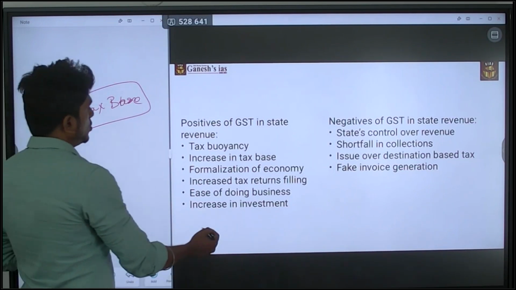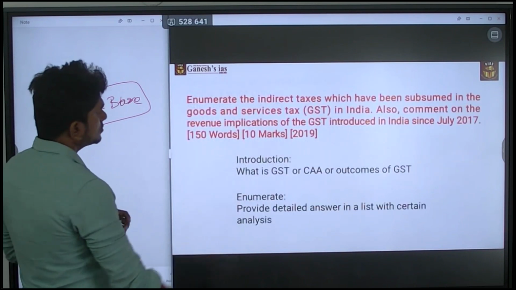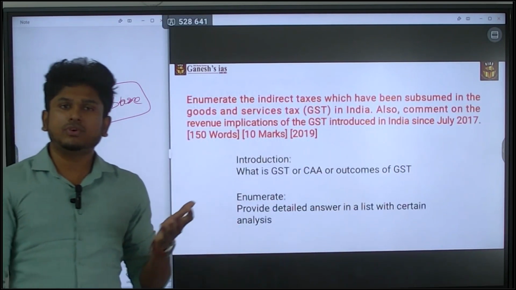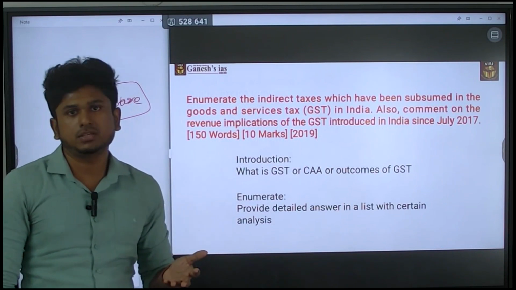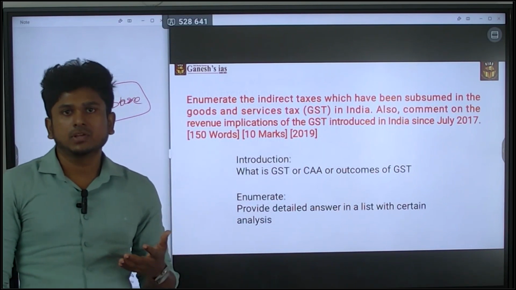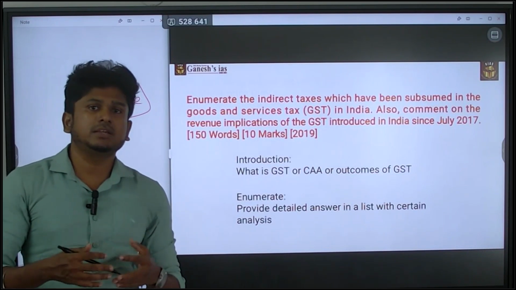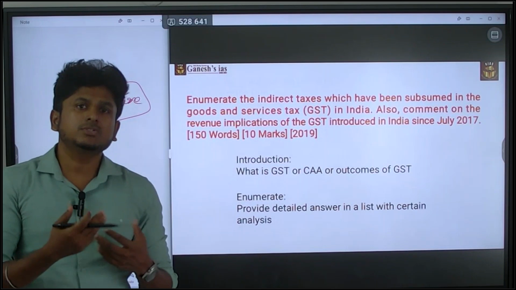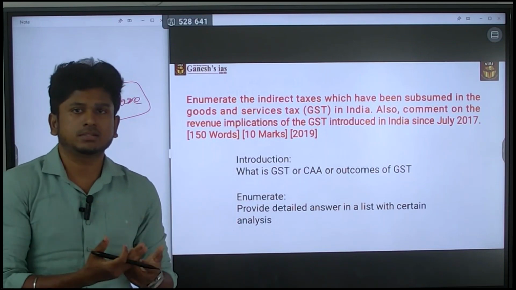At last, about the conclusion part. You can say it in a positive manner only, because we are going to follow the GST. We are not going to change the GST. So you can say that there are 5 slabs, and to make it easier, we can change it into 2 slabs or 3 slabs. That is also one way of giving certain suggestions.